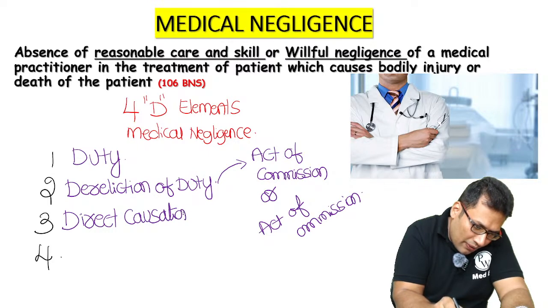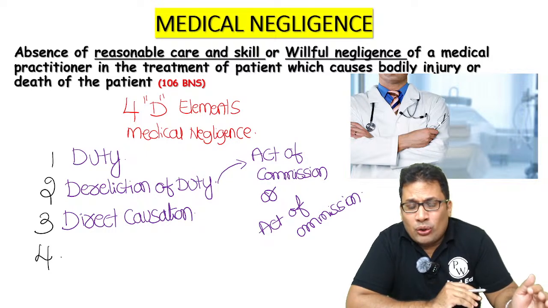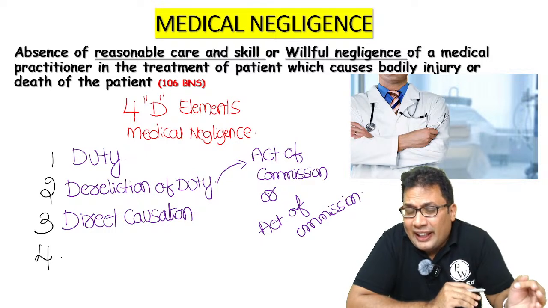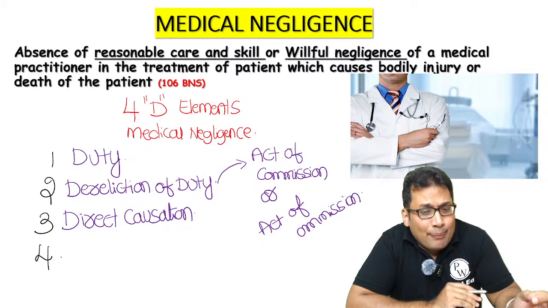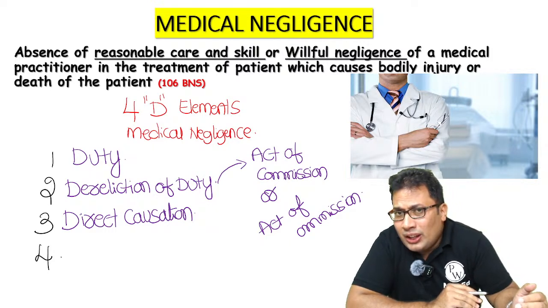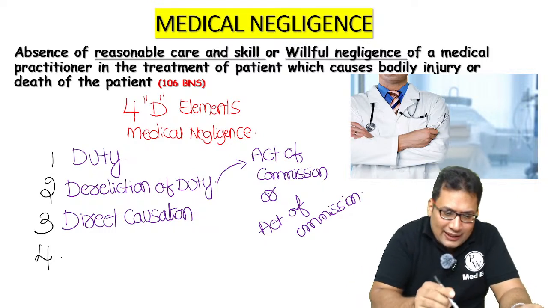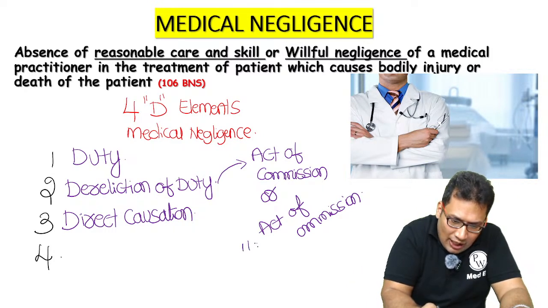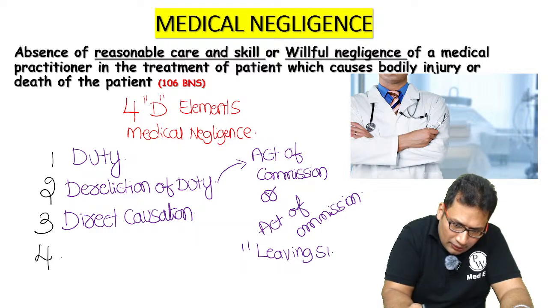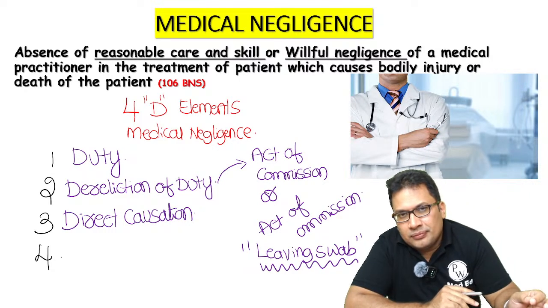Direct causation. Because of the doctor's negligence, because of the absence of reasonable care and skill, the damage has occurred in the patient. It can be bodily injury or it can be death of the patient. That is direct causation. One example is leaving a swab in the abdomen, or leaving a swab or instrument while doing an operation.